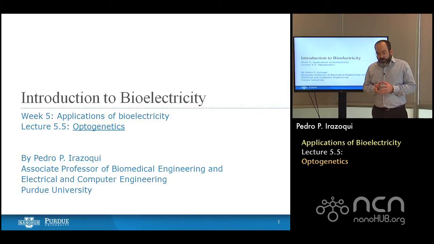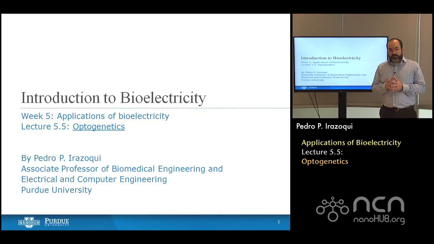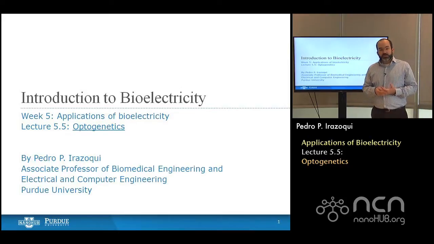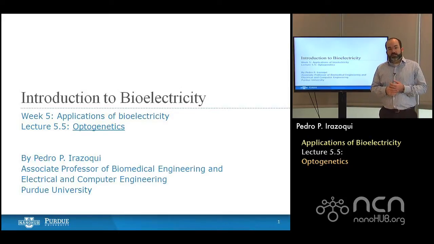Or it could be opening and closing in response to a voltage, like voltage-gated sodium ion channels, for example, at the tissue membrane that lead to the action potential, or voltage-gated calcium ion channels at the terminal of the axon that lead to the influx of calcium, which then leads to the vesicles binding with a presynaptic membrane and releasing neurotransmitter into the synaptic cleft. So there's a number of different kinds of ion channels.